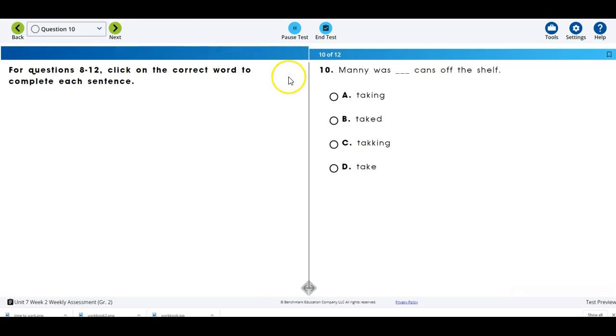Question 10. Manny was taking cans off the shelf. Manny was taked cans off the shelf. Manny was tacking cans off the shelf. Manny was take cans off the shelf. Number 11. I am my clothes in the attic.